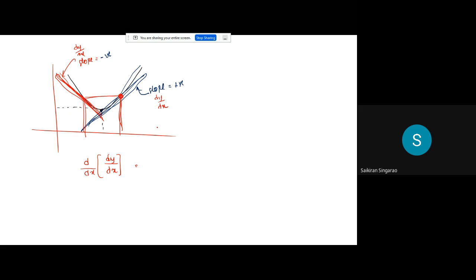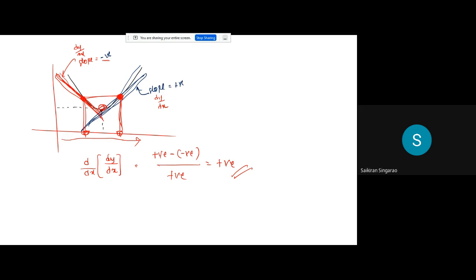This is final, this is initial, because time always flows from here to here. The final value is positive, minus the initial value, which is negative, divided by the difference between these two numbers, which will always be positive. So that should be coming as positive.